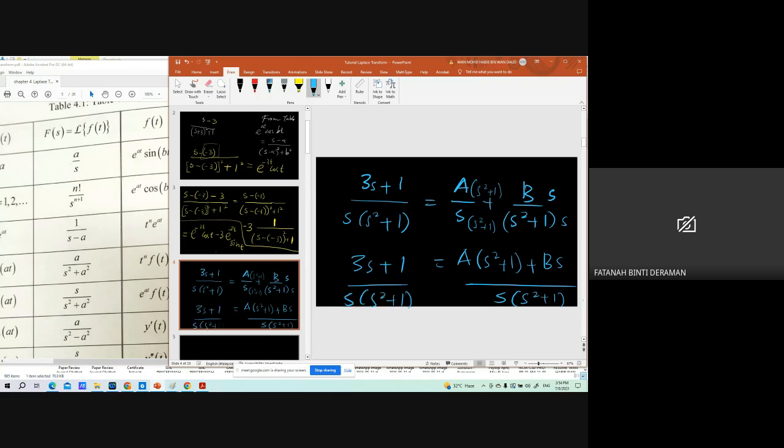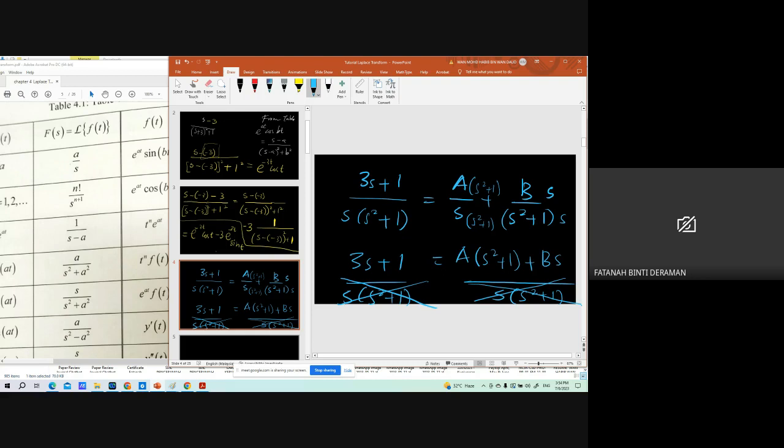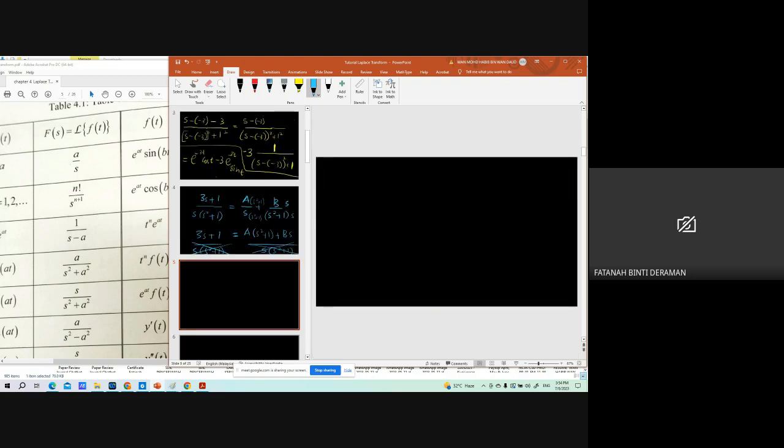So now for denominator, we can ignore first. So what should we have? This equation is equal. So meaning this equation should be similar to this equation. Okay. To know that, we compare. So we compare 3s plus 1 equals to a(s square plus 1) plus bs. So main teka-teki sikit lah.